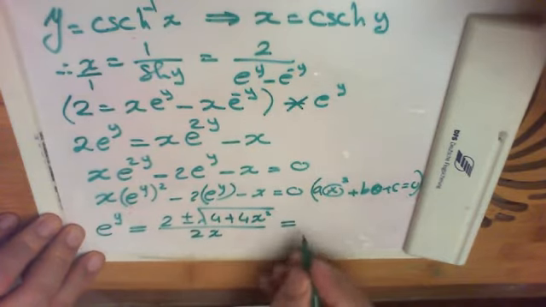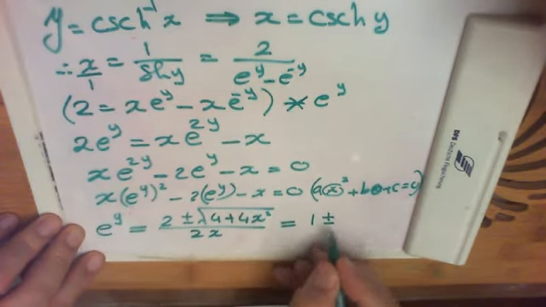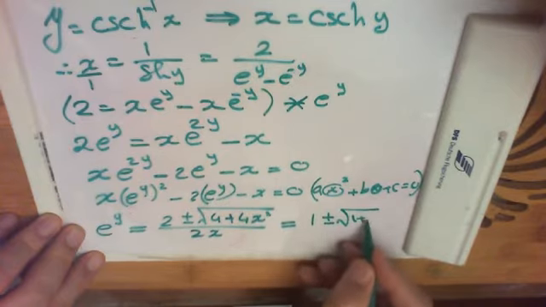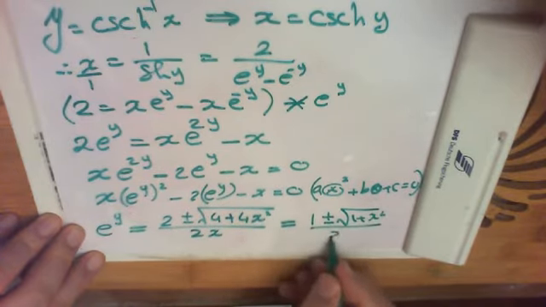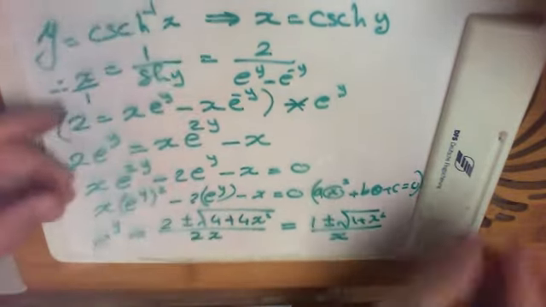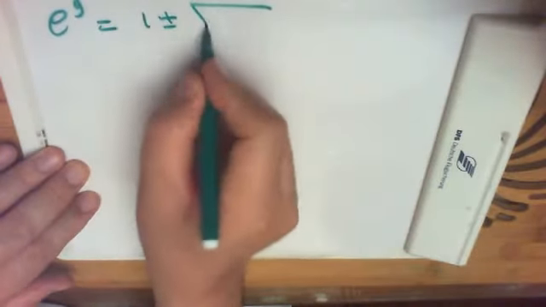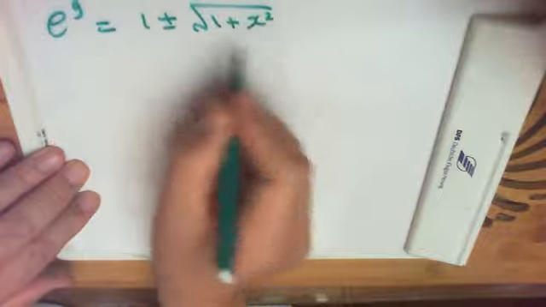Simplifying, we obtain e to y equals 1 plus or minus root 1 plus x squared, divided by x.